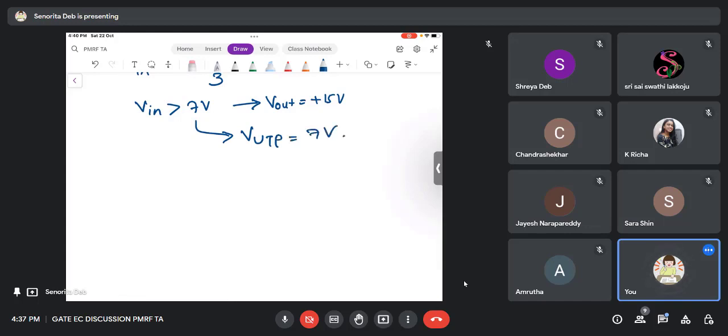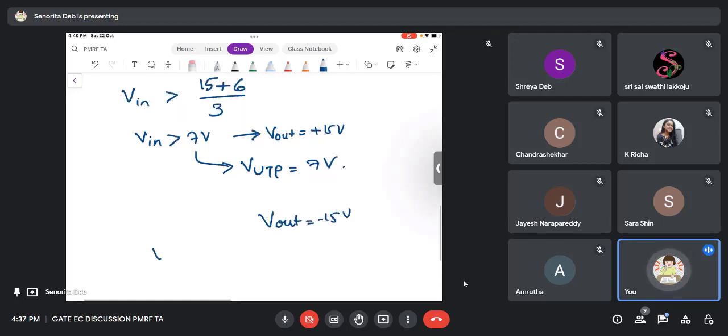When Vout is minus 15 volts, then what is Vin?